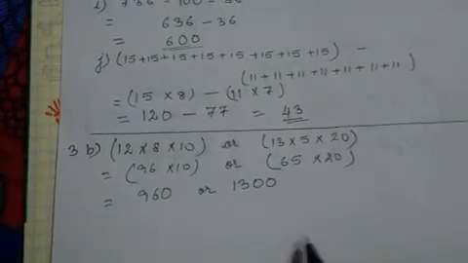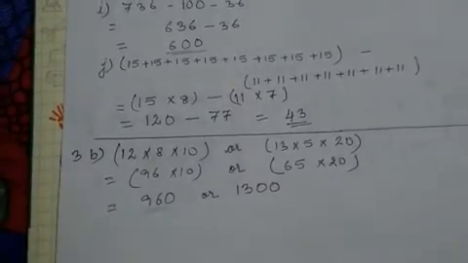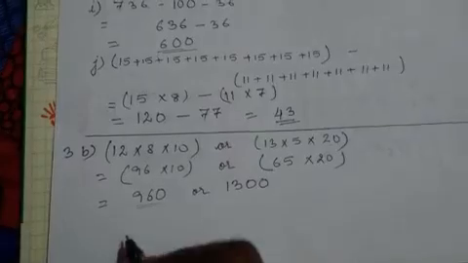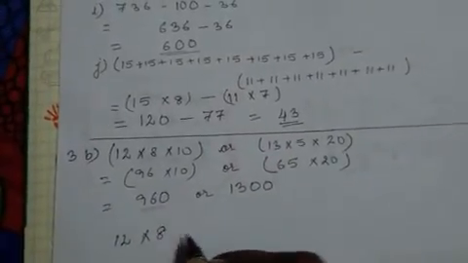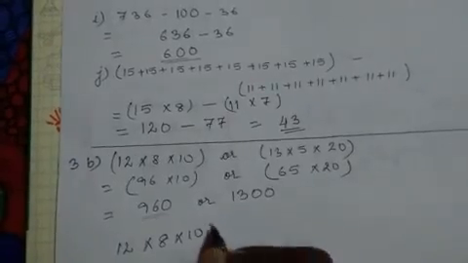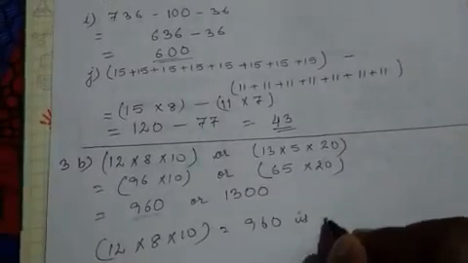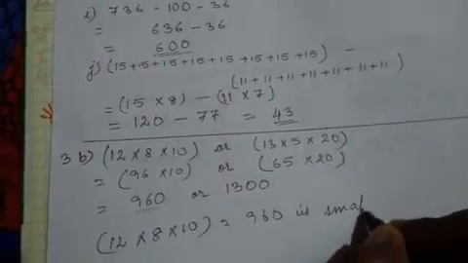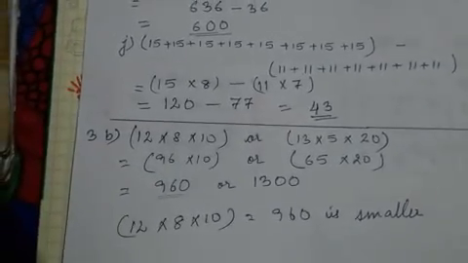So you can see which one is smaller. Definitely 960 is smaller. Okay, this one is smaller. Okay, so it means 12 into 8 into 10, which is equal to 960, is smaller. Okay, this is simple.